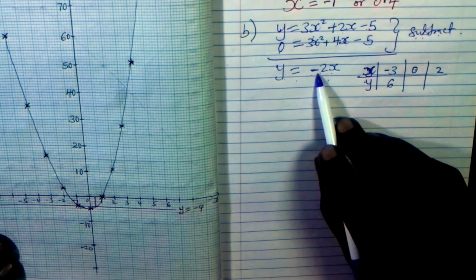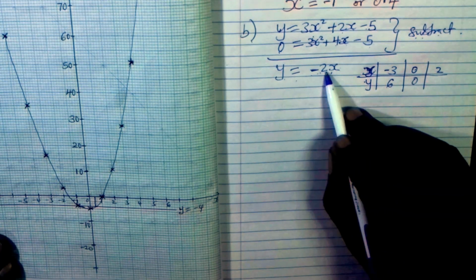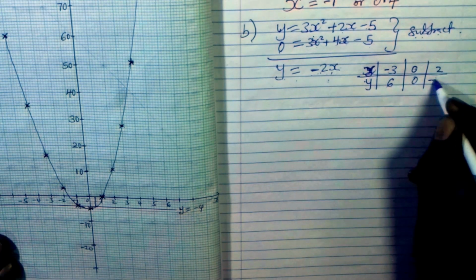When x is 0, minus 2 times 0, that is 0. When x is 2, minus 2 times 2, that is minus 4.